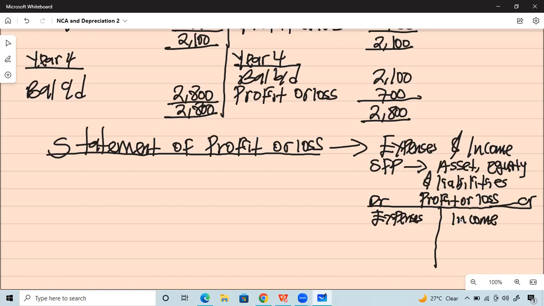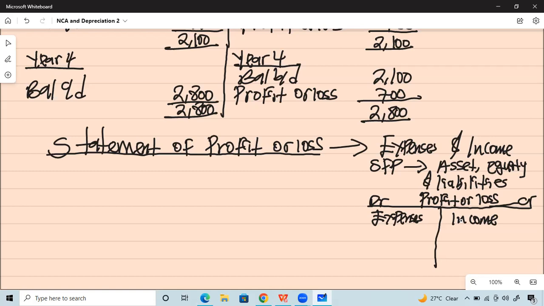Please don't forget. If someone says debit statement of profit or loss, it means that particular item is expenses.